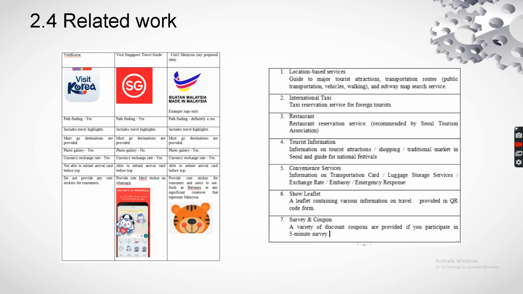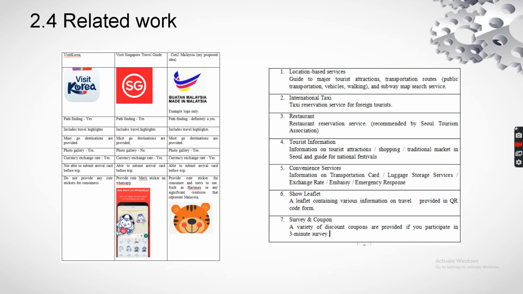On the right hand side, we have some similar services provided by Visit Korea and Visit Singapore Travel Guide. The first one is the location-based service. This is a guide to major tourist attractions, transportation routes, and subway map search service.